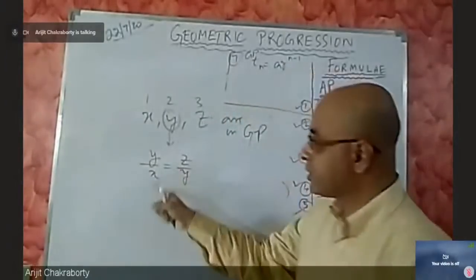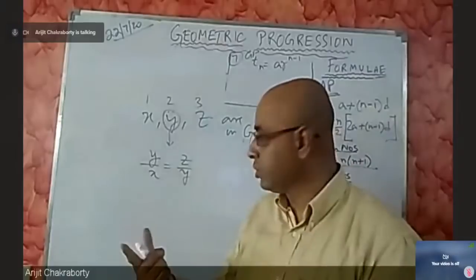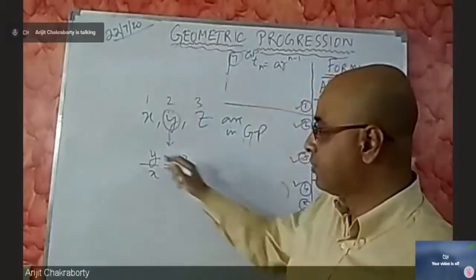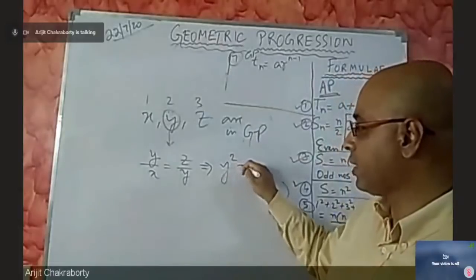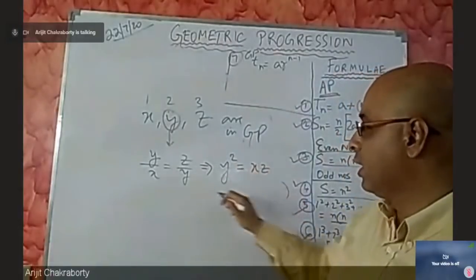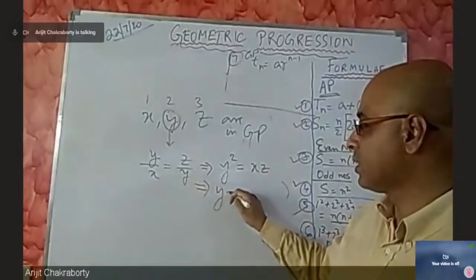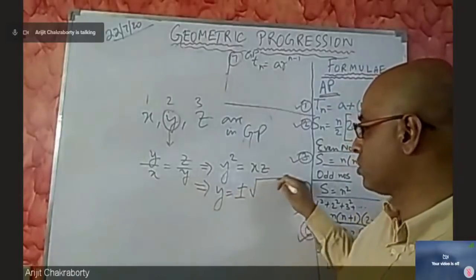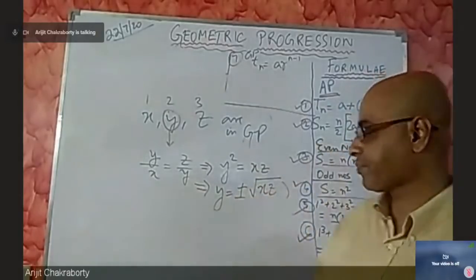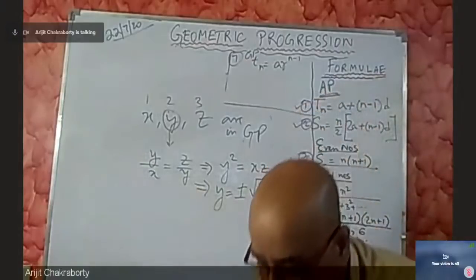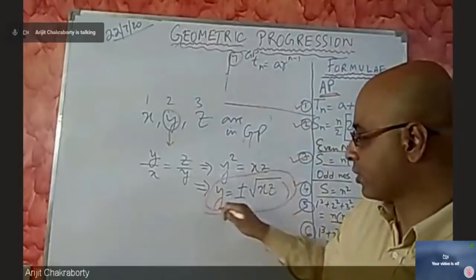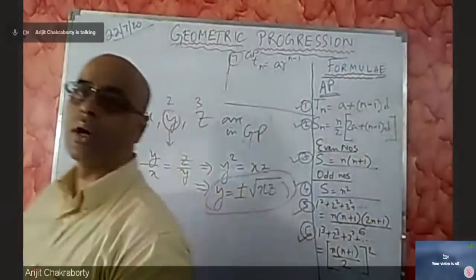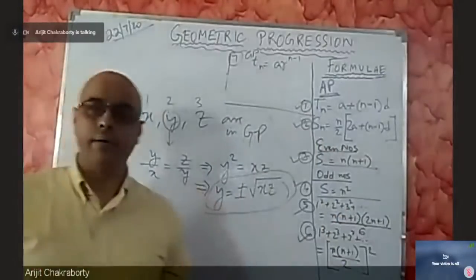So if you have this equation, then what do you get? If you cross multiply, you get Y square equal to X into Z, which means Y is equal to plus minus square root of X into Z. So please note this relation. This is the concept of geometric mean.